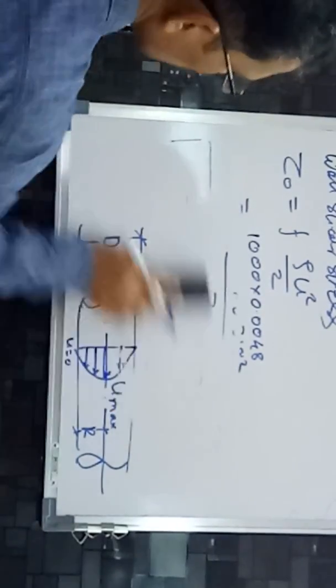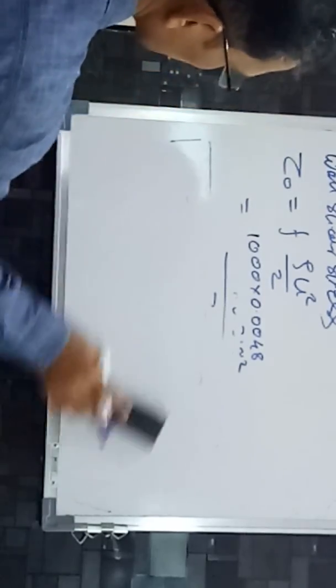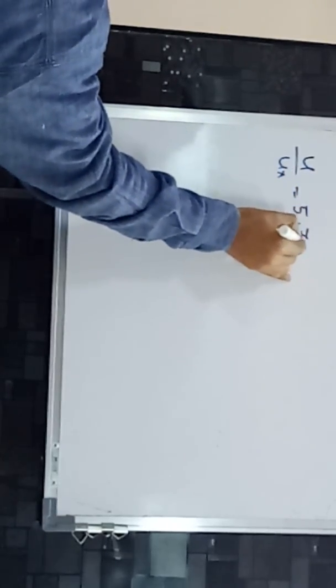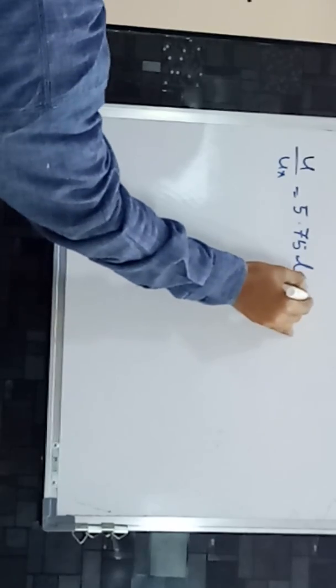Now I will tell you centerline velocity for the smooth pipe. So u divided by u star equal to 5.75 log of y u star divided by nu plus 5.55. This is standard formula. Write down.